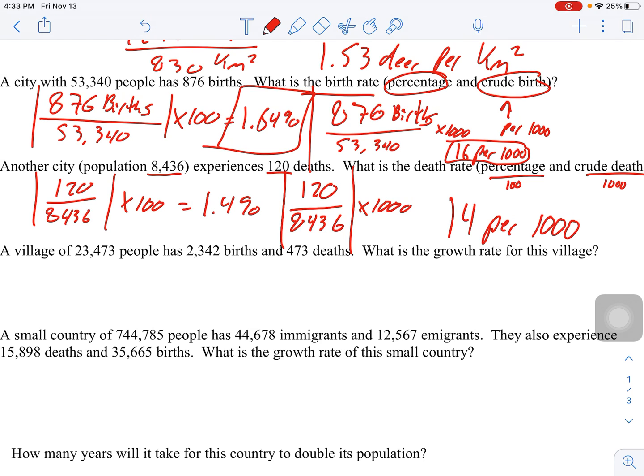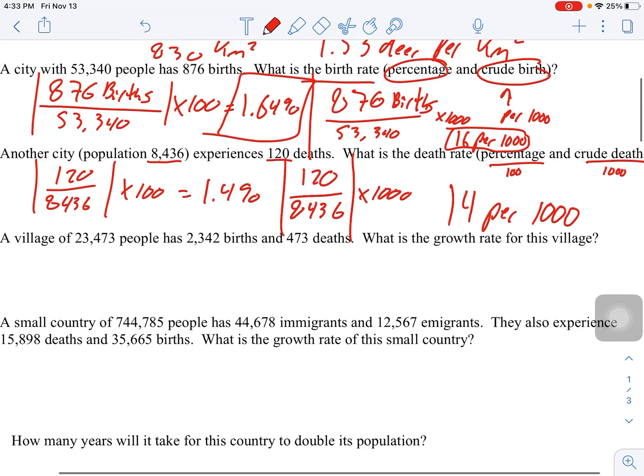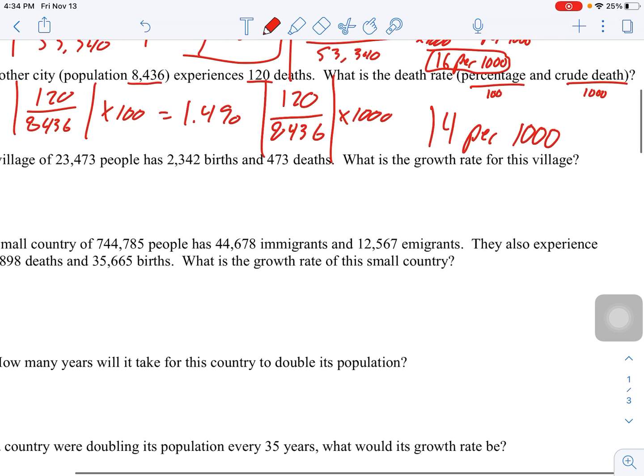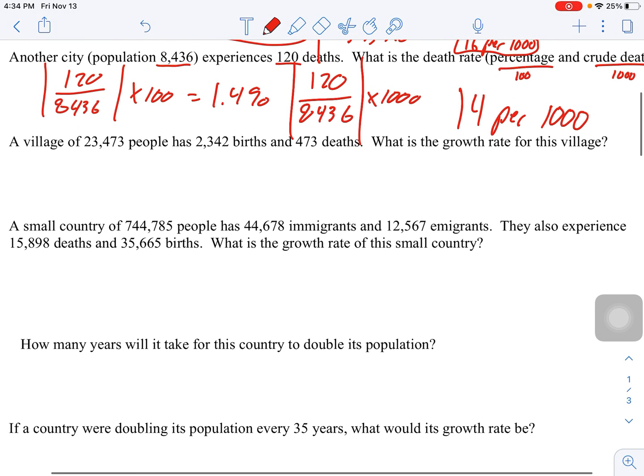All right, and that's kind of all you've got to do. The next question is, we have a village of 23,473 people, and it has 2,342 births and 473 deaths. What's the growth rate?